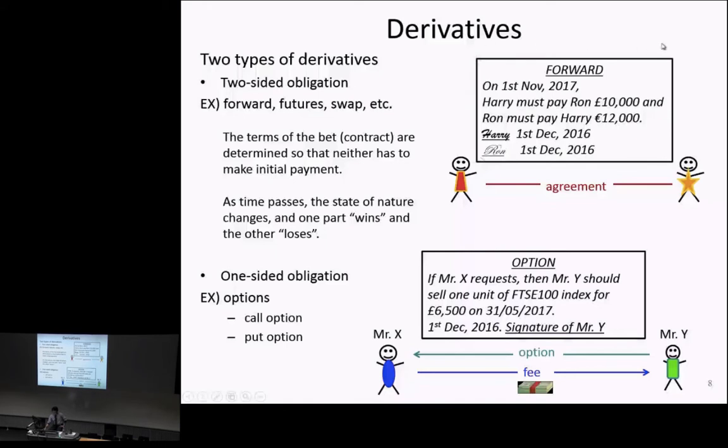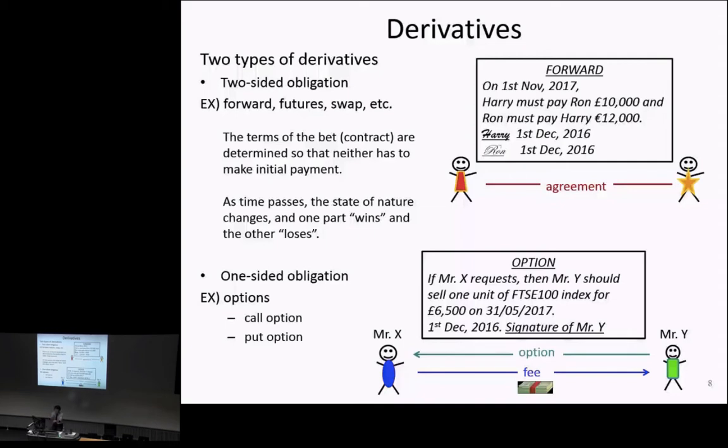When they make this contract, it must be a fair bet, a fair deal, so that neither person makes a cash payment to the other at the point of contracting.